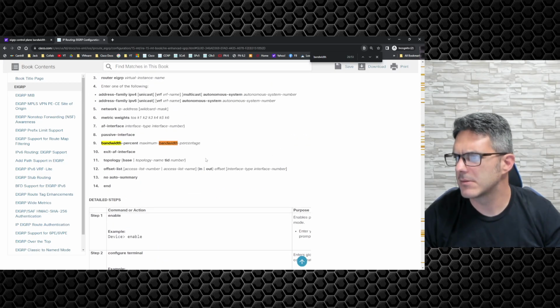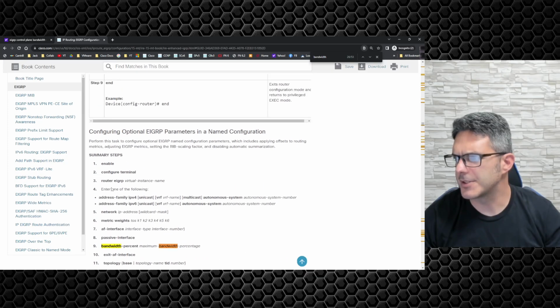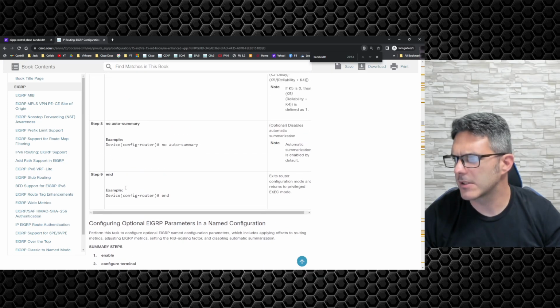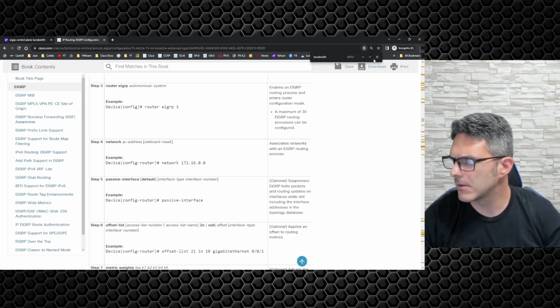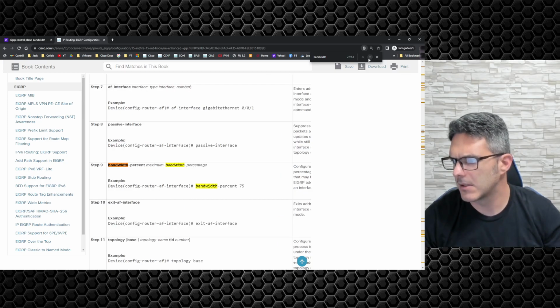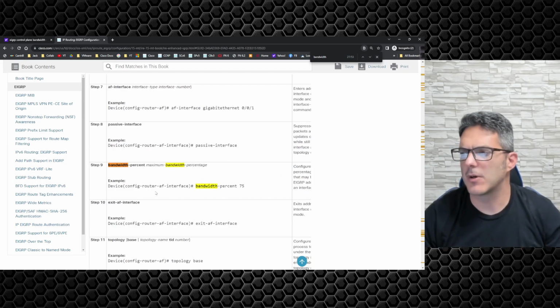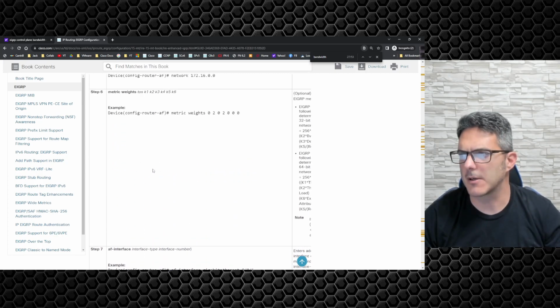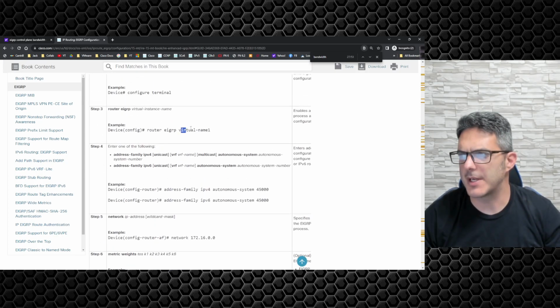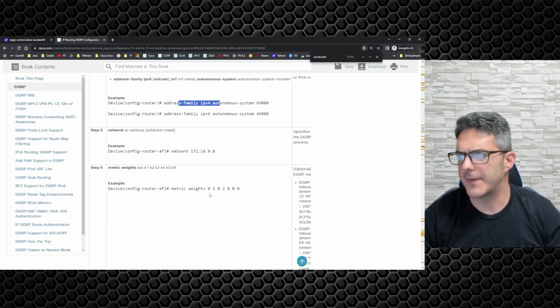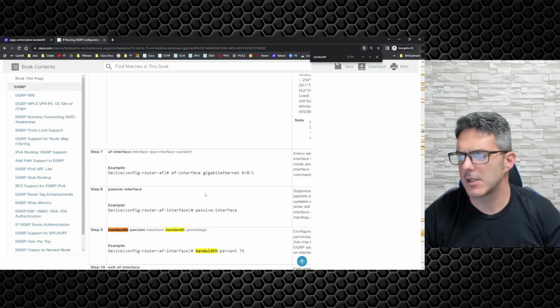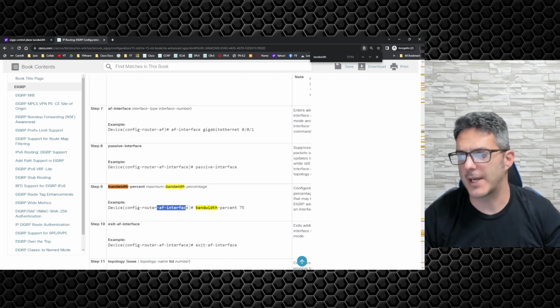Yes. So this is a named mode configuration only, is what it looks like. So you'd have to go, so this is going to be named mode right here. So you would give it a name, then you go underneath the address family, and then underneath the address family interface, and you'd set the bandwidth percent to 75.